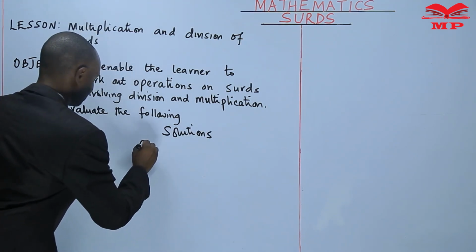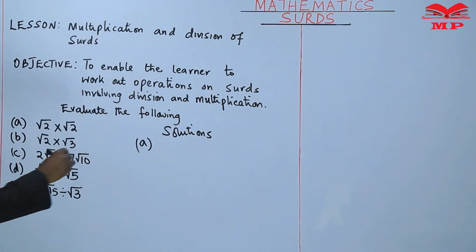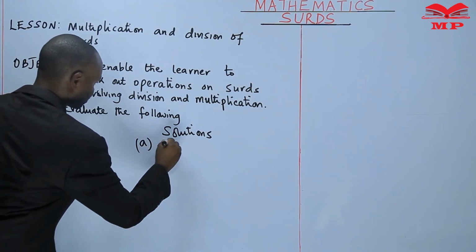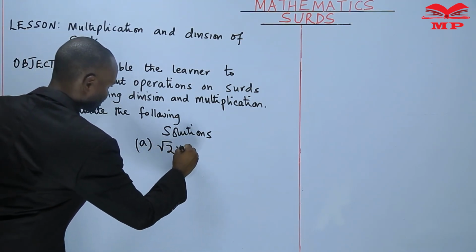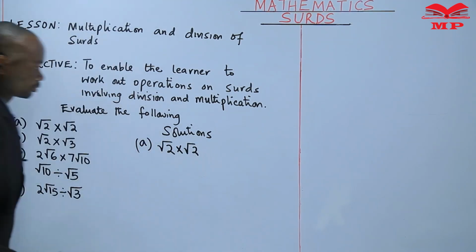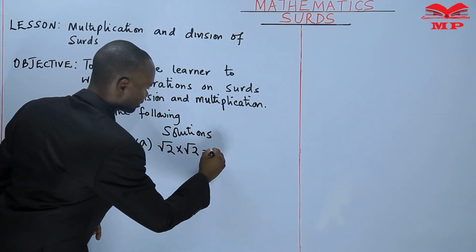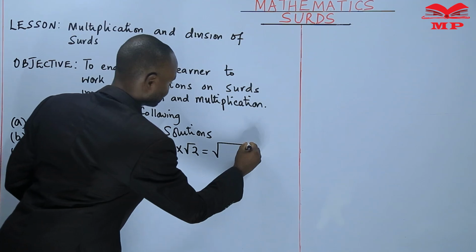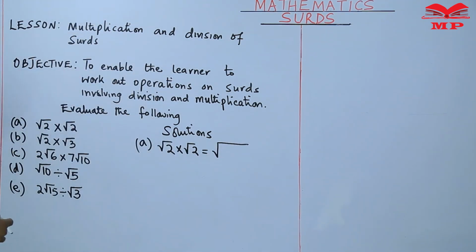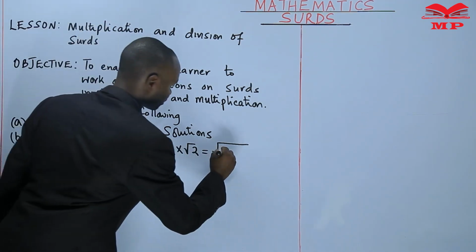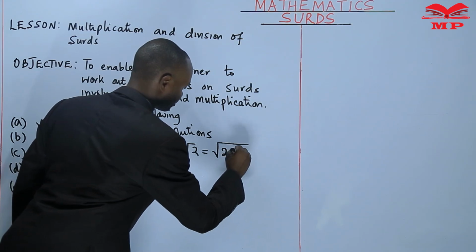In A, when we have square root of 2 times square root of 2, you can combine all of them inside one square root sign and have 2 times 2.